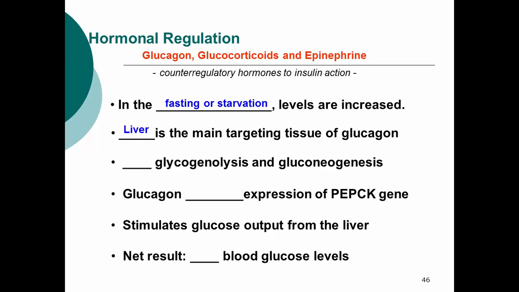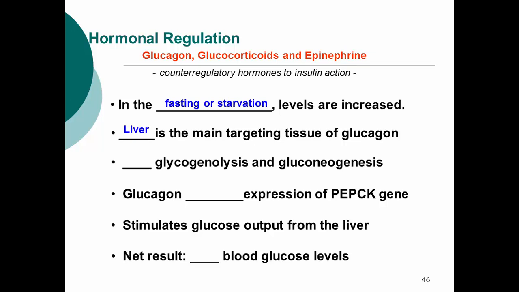So glucagon can act on raising blood glucose level in the liver. Which pathways in the liver can be activated during fasting by glucagon? Gluconeogenesis, definitely, and also a very important pathway that needs to be activated during fasting: glycogen breakdown, right?